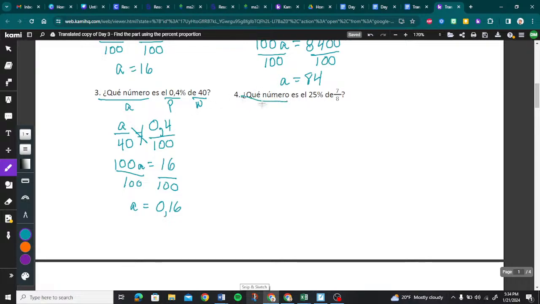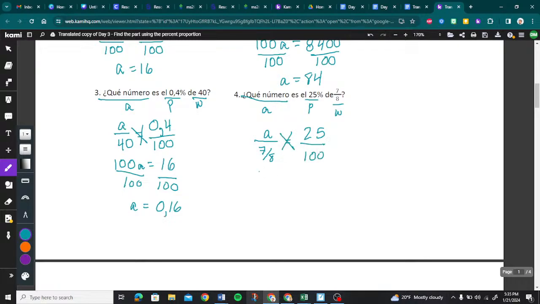¿Qué número es la part? El percentage is 25, and el todo is 7/8. Then we have part over the whole, todo, 7/8 equals 25% over 100.